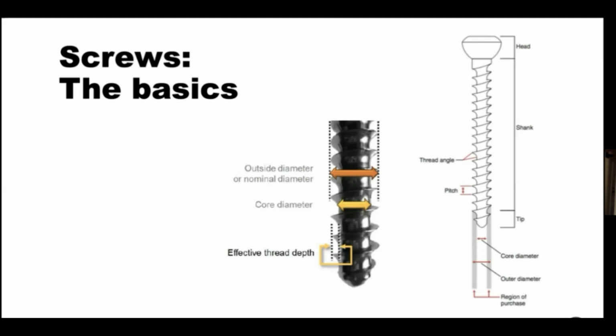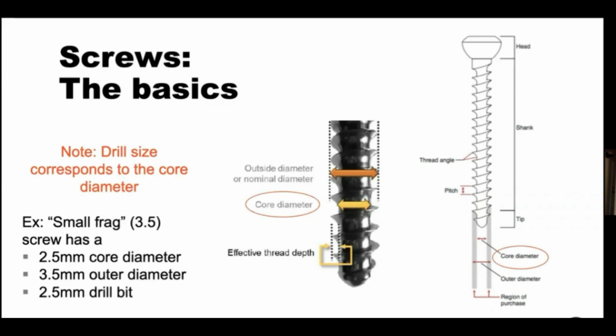The idea, of course, is that you drill a hole for the center of the screw, but you want the threads of the screw to catch some of the bone around it. The difference between the core and the outside diameter of the screw, which changes based on the size of the screw and also on the implant company, is really important because, as you'll see in the next couple of slides, it impacts the way we use these devices.